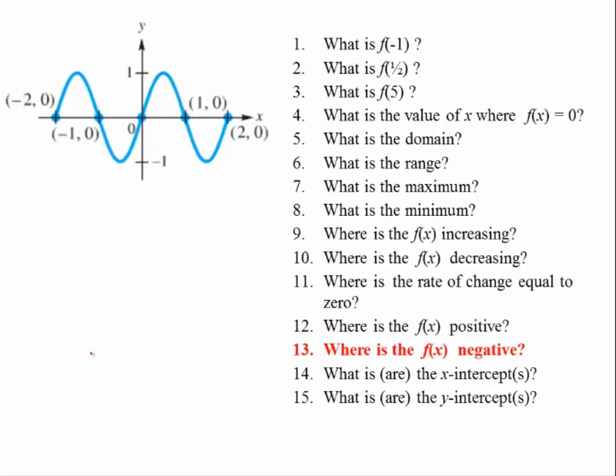Number 13, where is f of x negative? That's in quadrants 3 and 4. All these y values here are negative. So it's this hump and this one. So there are 2: from -1 to 0, and from +1 to 2.